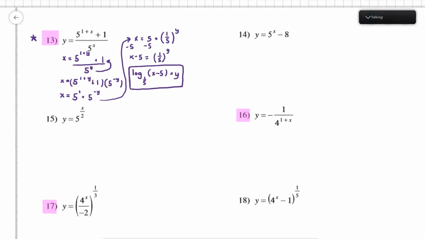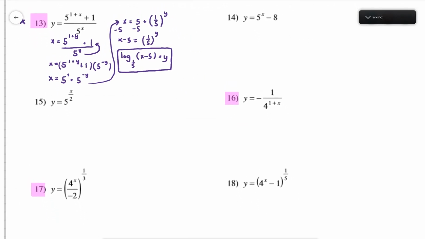Then on number 16, we have something similar since we have that 1 plus x as the exponent. So we are going to switch our x's and our y's. So now that's a 1 plus y in our exponent. I'm going to take this, move it to the top, which means the exponent is going to change: negative 1 minus y.